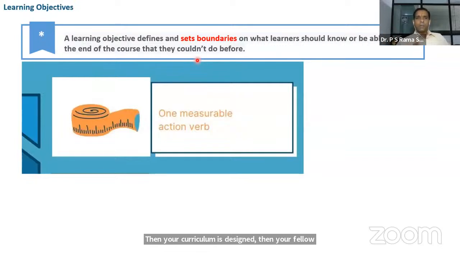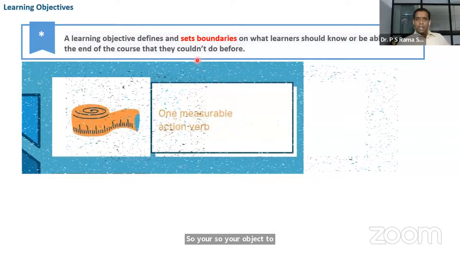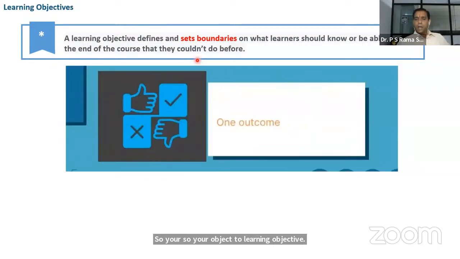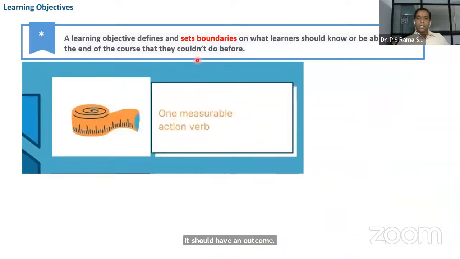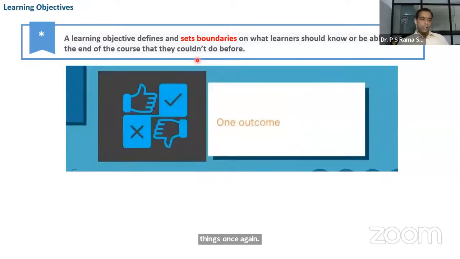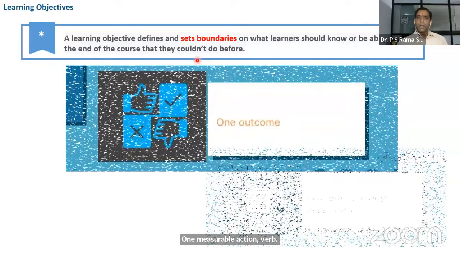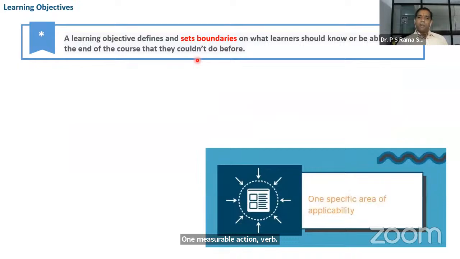Your learning objective should have one measurable action verb, one outcome, and one specific area of applicability. Three things once again: one measurable action verb, one outcome, and one specific area of applicability.